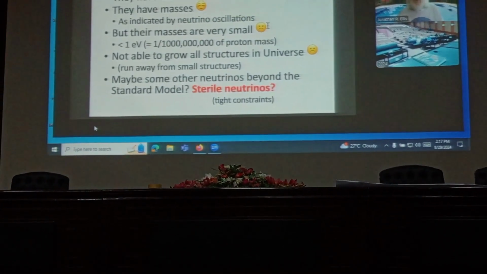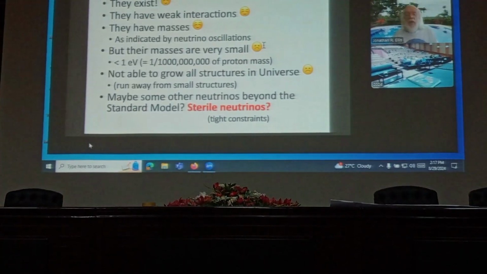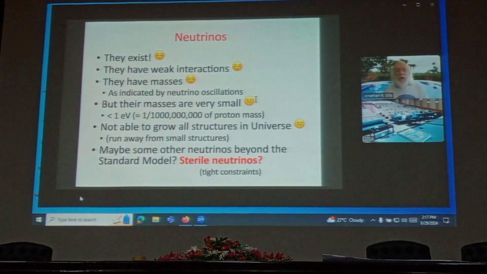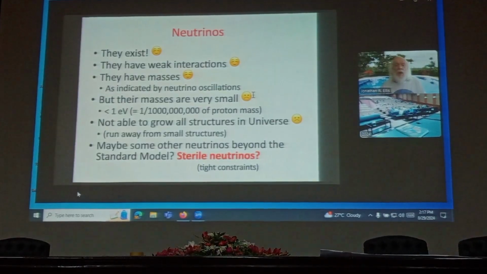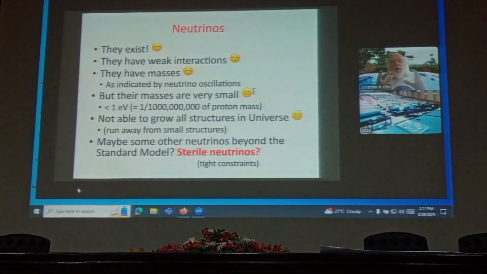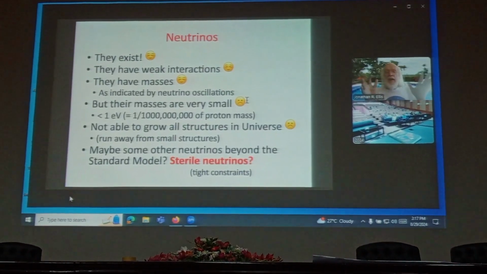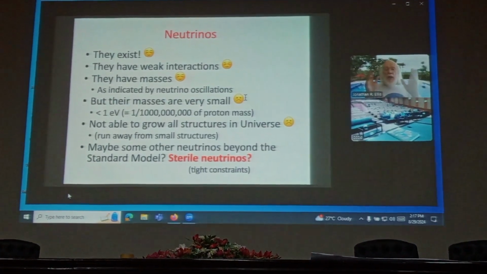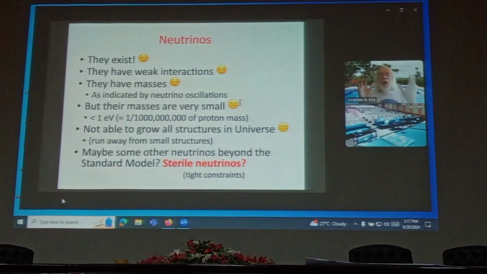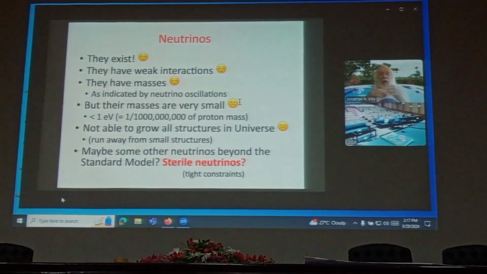And as such, they're not able to form the large structures that we see in the universe. Or more accurately said, they run away from the smaller classes of structures, like satellite galaxies. But neutrinos alone could not grow all the visible structures in the universe.